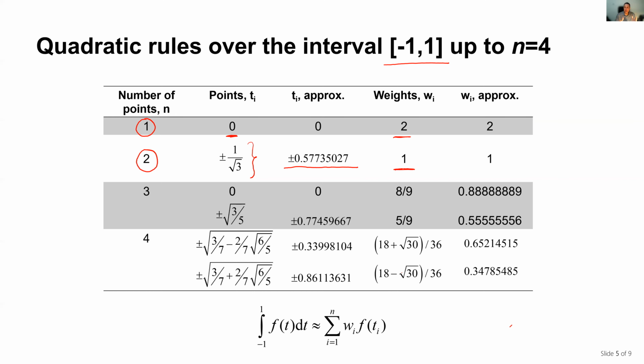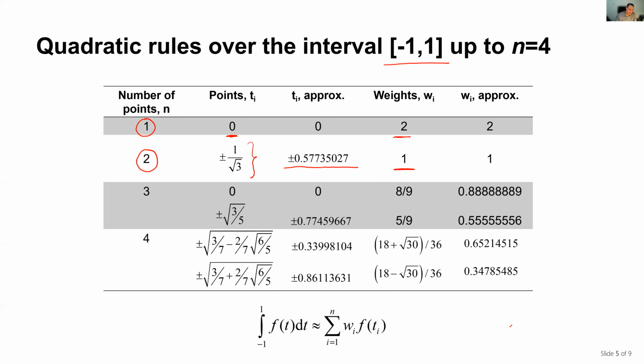So we simply calculate the value of the function at -0.577. We multiply by 1. We calculate the value of the function at +0.577. We multiply again by 1. And then we add these two together, and we have the approximation with 2 points.